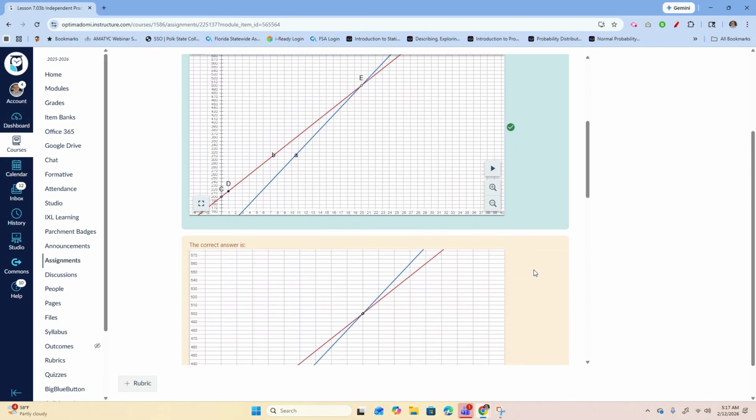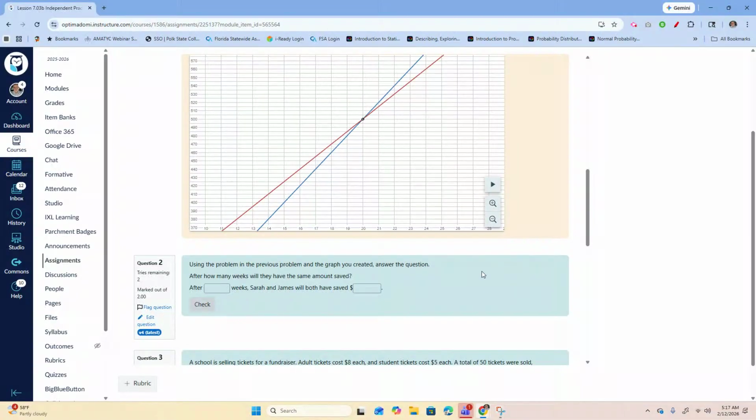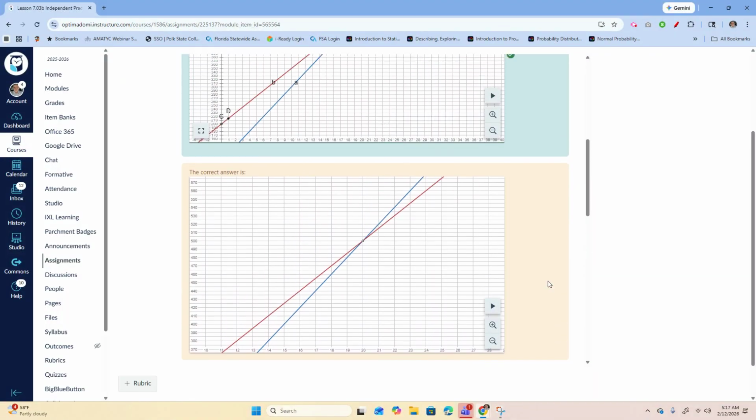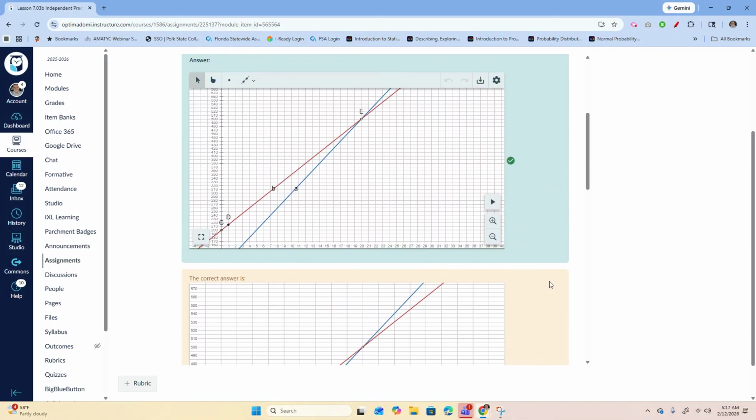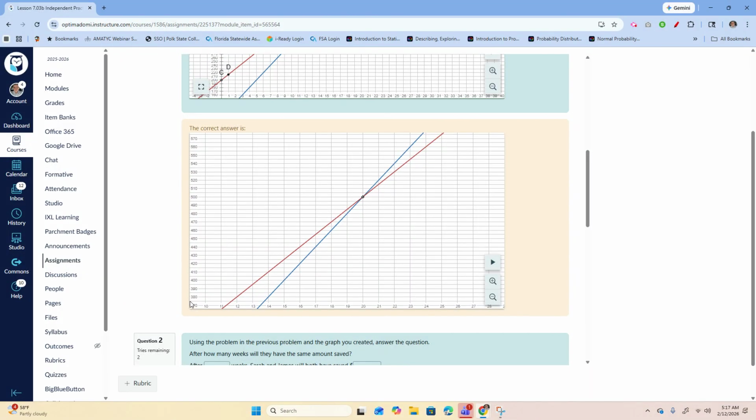Then the next thing we're going to do is use our answer, the graph, to answer this question. After how many weeks will they have the same amount of money? In case you didn't notice, the x-axis is the number of weeks that they're saving money, and the y-axis is how much money they have saved.